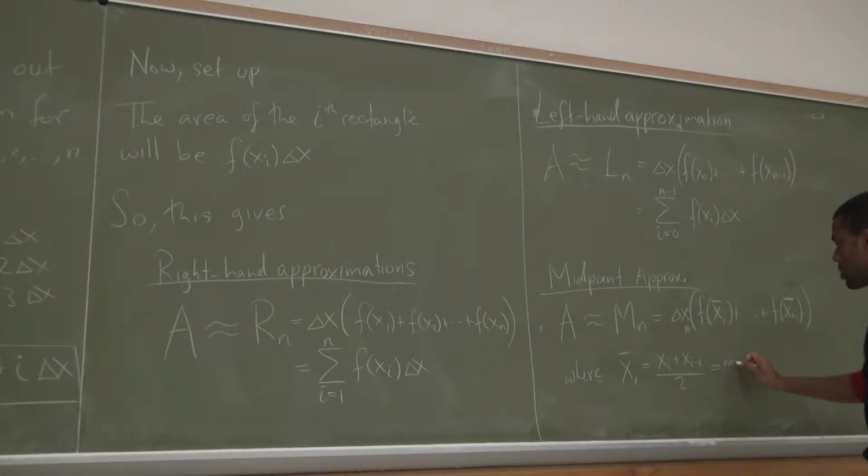This equals the midpoint of x sub i minus 1 and x sub i. We're going to do some examples soon, so this is just an illustration of what I'm talking about here.